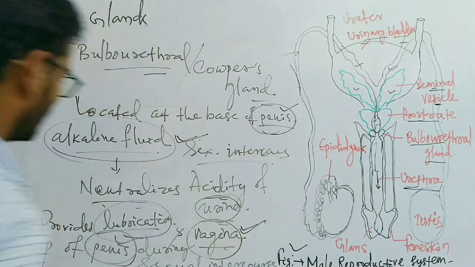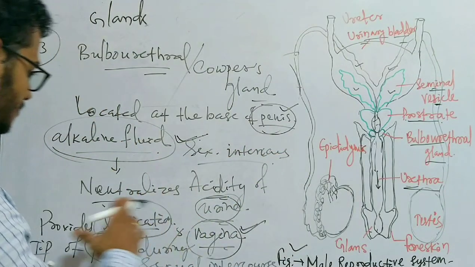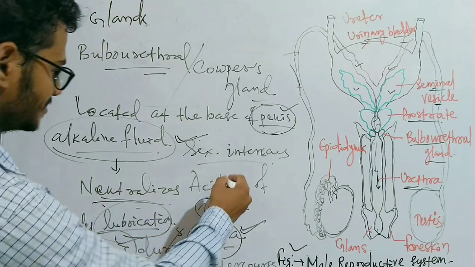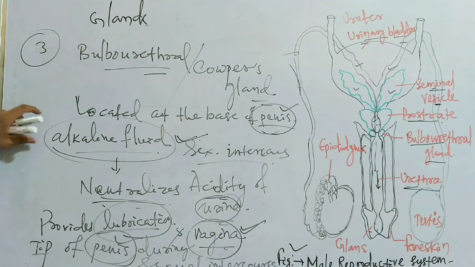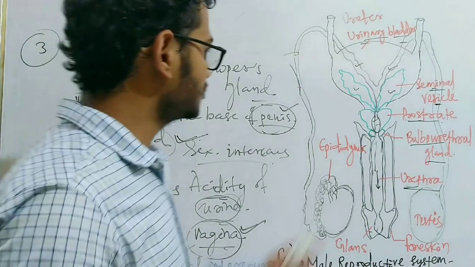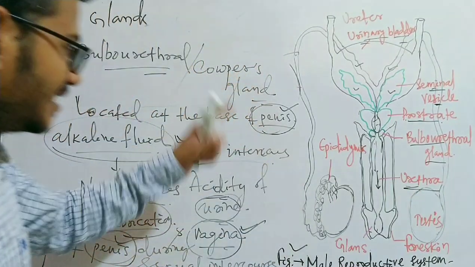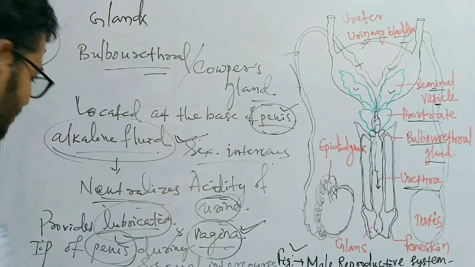So it has an important role for providing lubrication, and it also neutralizes the acidity. So this fluid that is secreted from the Cowper's gland is very important. Next, this is all about the three important glands, their secretion and the function of their secretion.